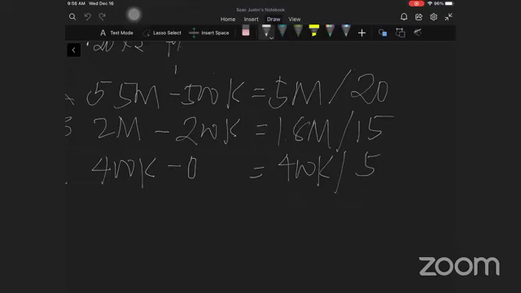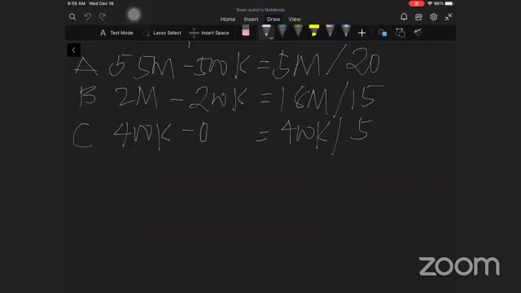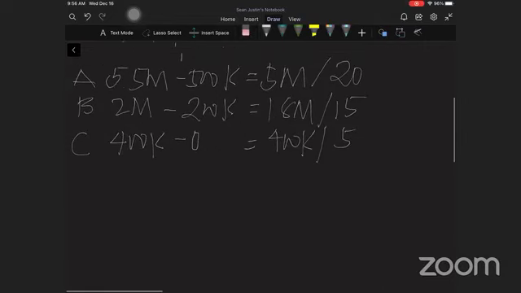For the 3 machines, this is annual depreciation. For machine A, that's 5 million divide 20, annual depreciation 250,000.